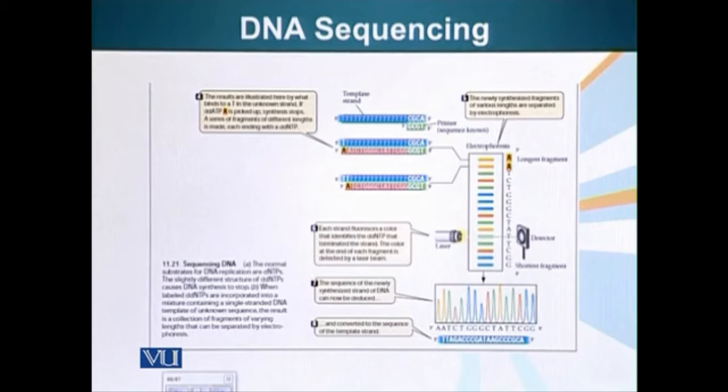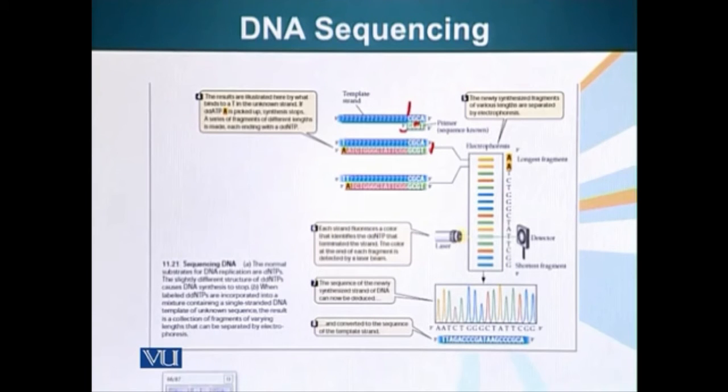Say for example, we had our primer and it was being extended. Here the primer has annealed. This is the primer sequence. There's the 3' hydroxyl. The next base, whatever base is added here, would be the base that is complementary to this question mark.